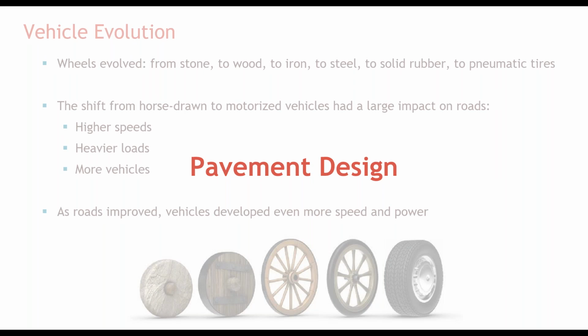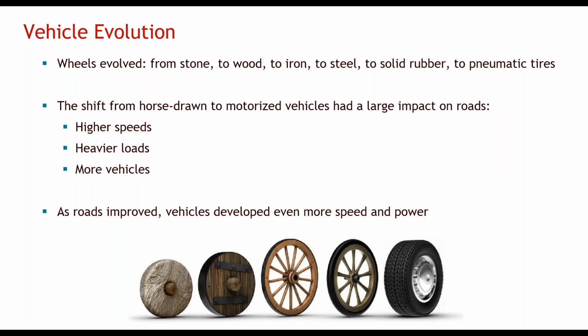Now that we've covered the fundamentals of how geogrid functions in road and pavement applications, let's turn our attention to pavement design. For many centuries from the beginning of civilization, the traffic on roads didn't change very much. Horses, oxen, and wagons were the only vehicles.